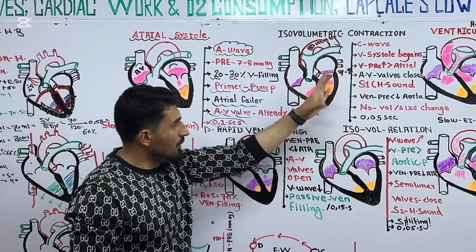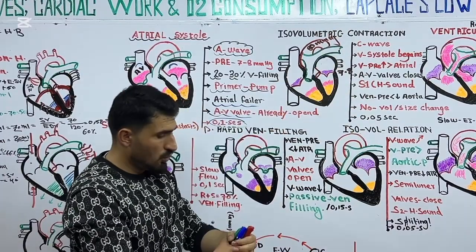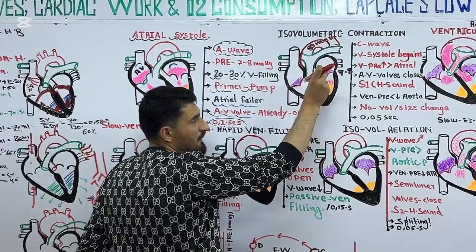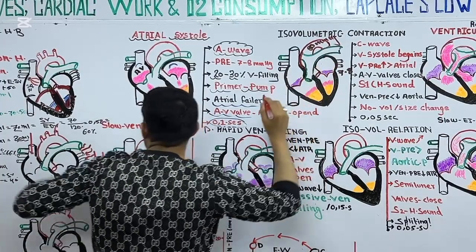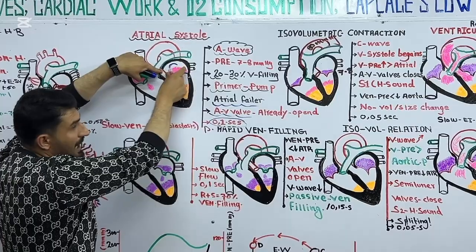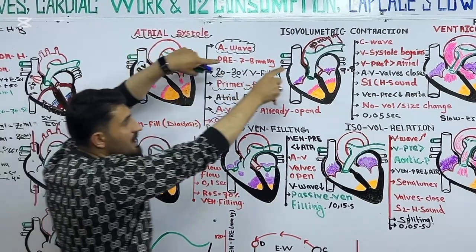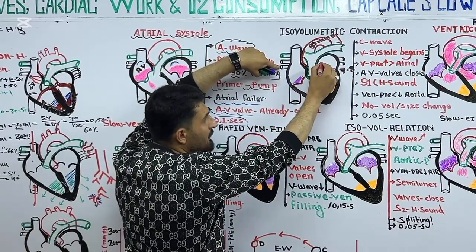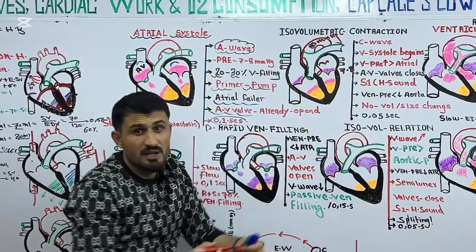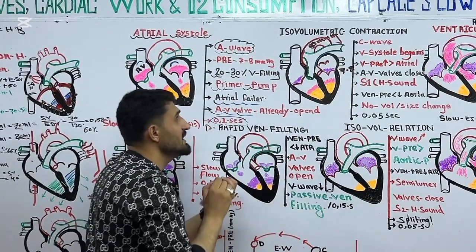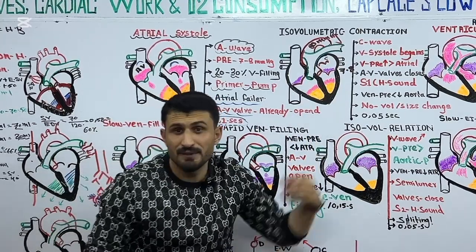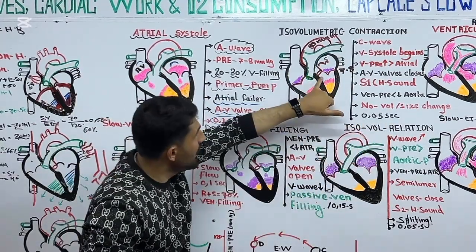Okay, so now in this phase, what will occur first in atria? We had an A wave here, and this wave was due to contraction of atria. Here, after the A wave, you will find a small wave which is called C wave. Now, why is this C wave produced? Got it? Now, listen to me.